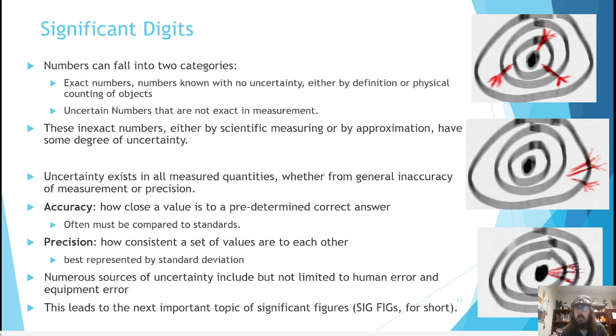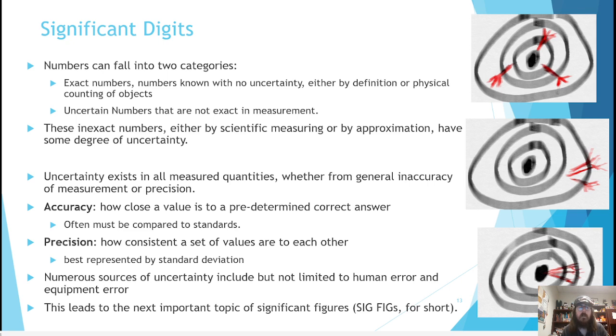The only way to really check that is to compare it based on standards. So if I know exactly how much sugar I mixed into this water, there is a set concentration of sugar. However, if there's a way to test for that, you can still get it wrong if you don't measure it properly. So there's things that can throw that off.